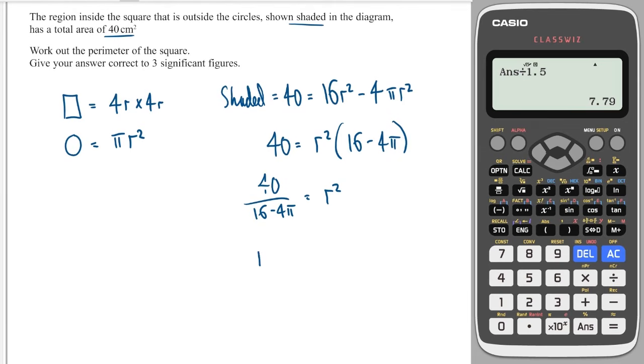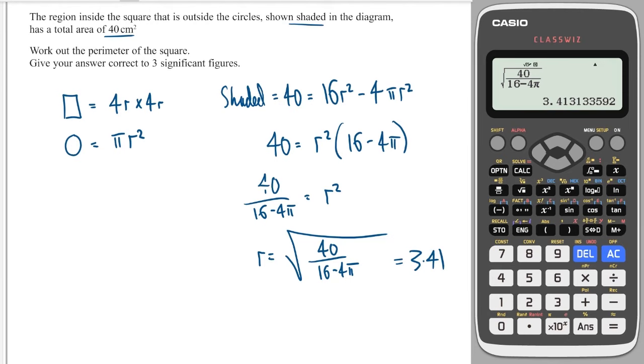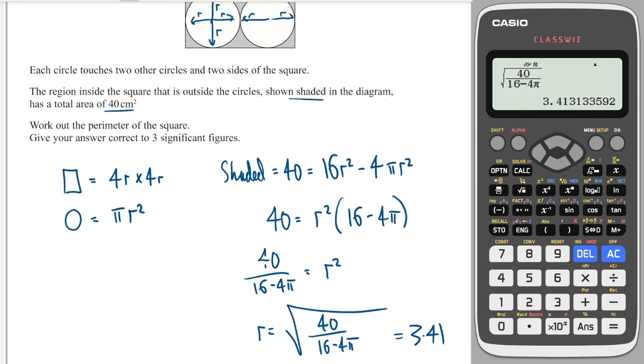And then to work out r, I would square root 40 over 16 minus 4 pi. Great, so let's do that. The square root of the fraction 40 over 16 minus 4 pi is 3.41. I'll keep that in my calculator because I want to use the exact value, but I'll write it down there so the examiner knows the steps I'm taking.